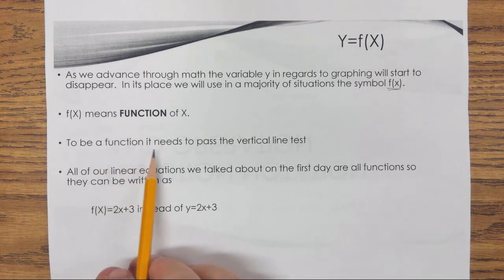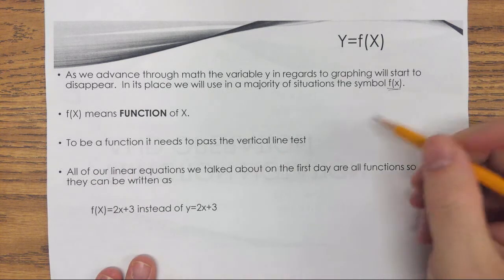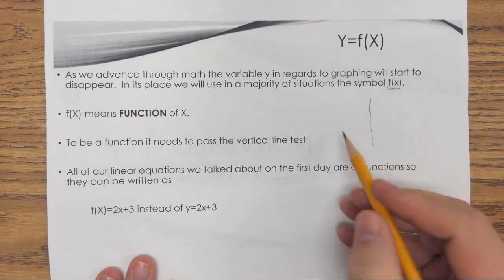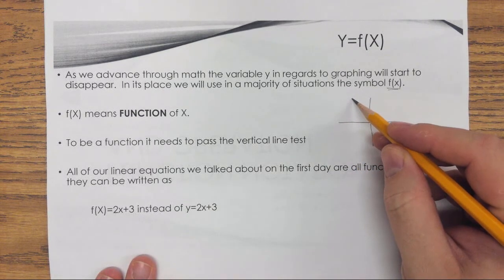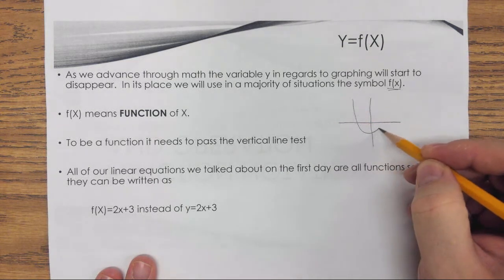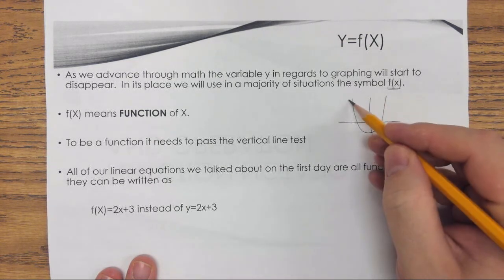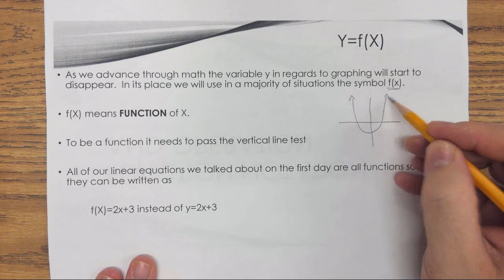To be a function, when we graph these things, they need to pass the vertical line test. What the vertical line test is: if you have a graph and some kind of equation that you go through and graph, it looks something like this.